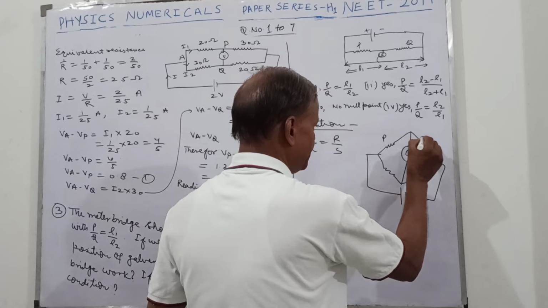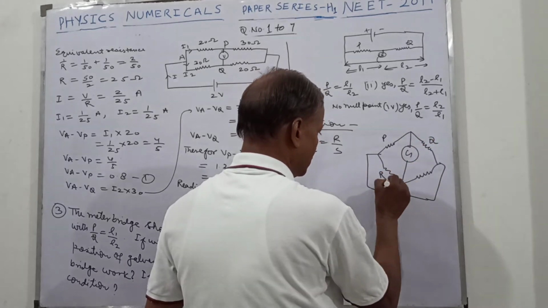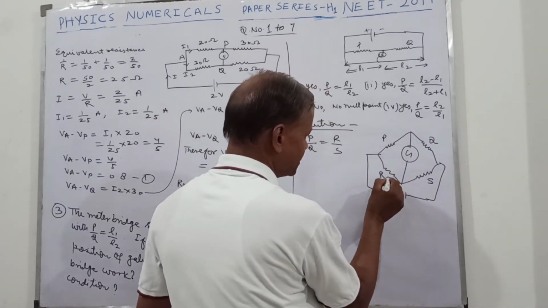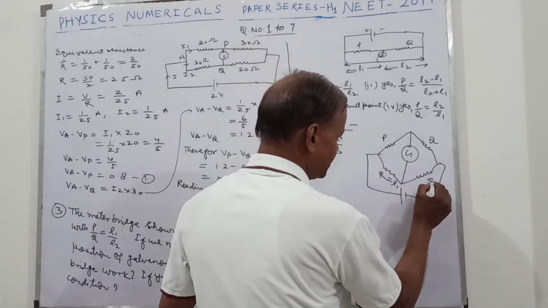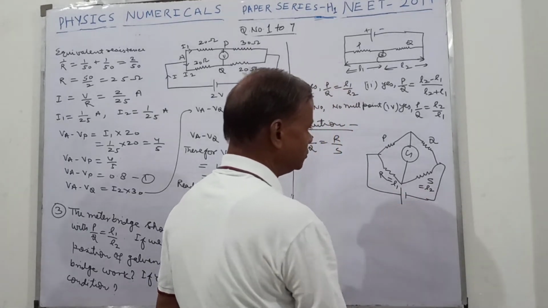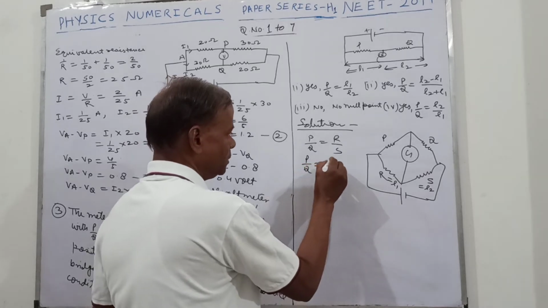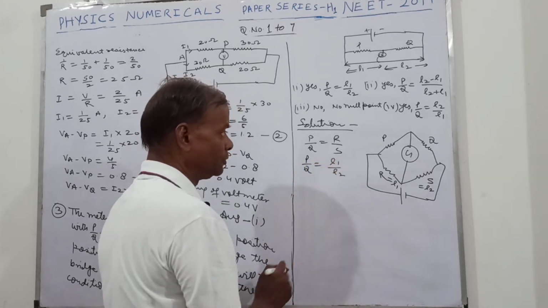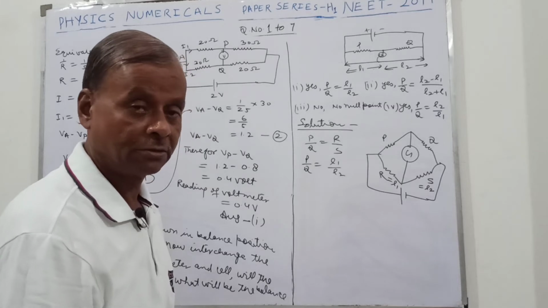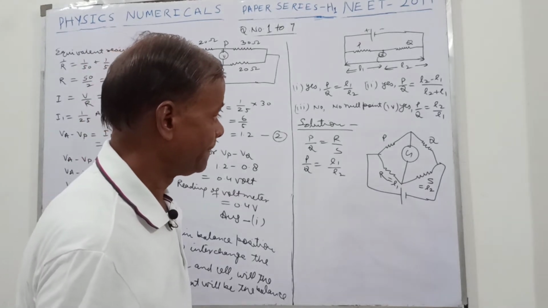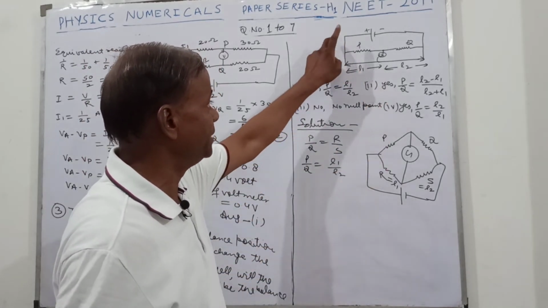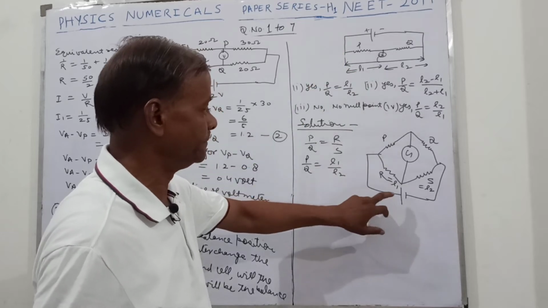This is P, Q, R and S. This R is given to be L1 and this is given to be L2. So P upon Q equal to L1 upon L2, because we know the resistance depends upon the length of the wire. This is the given condition here.